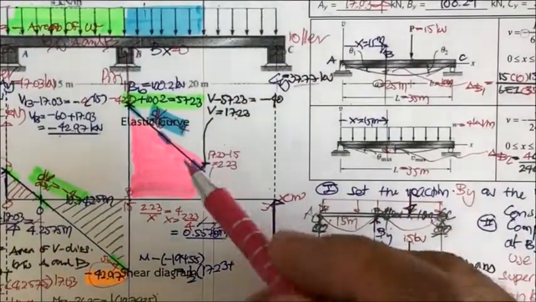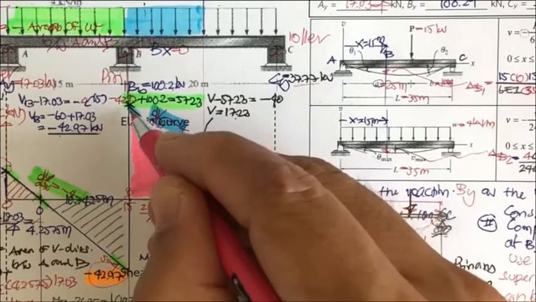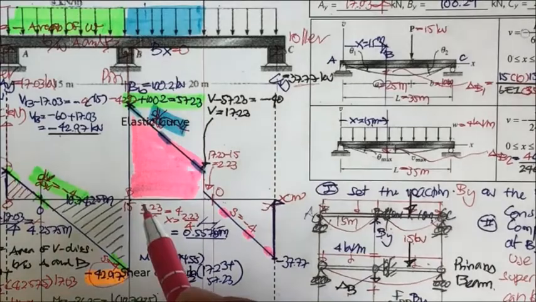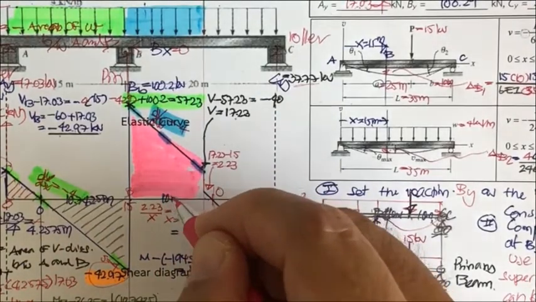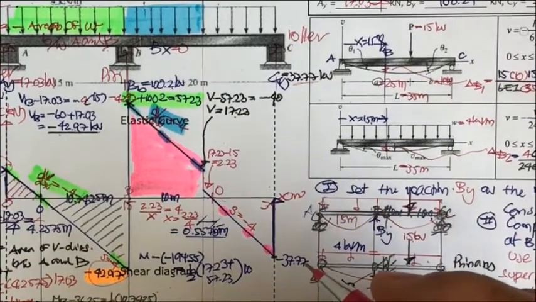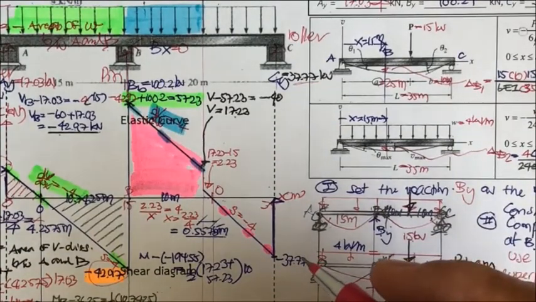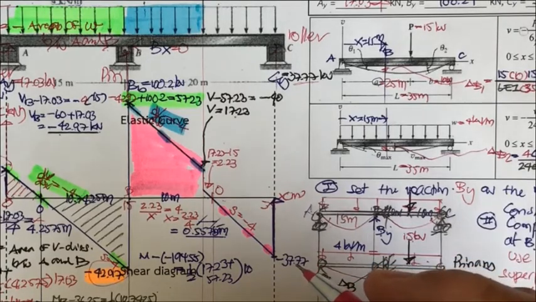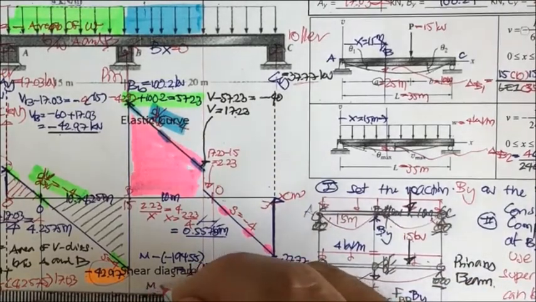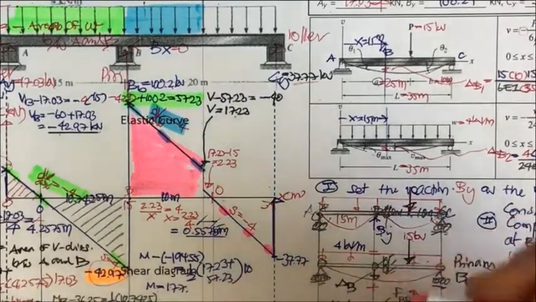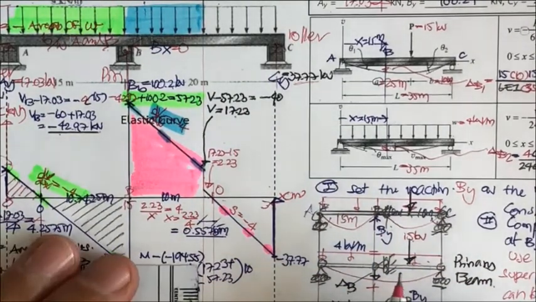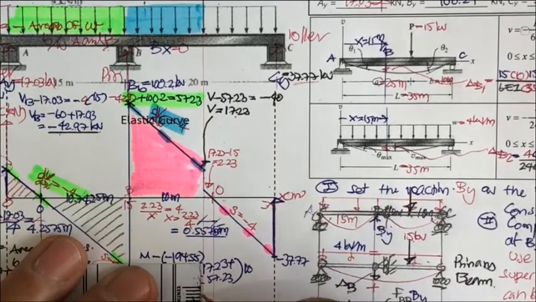This is going to be this area 57.23. Okay, and over here it's going to be 10 meter, right? So times 10. You put this, you may get the moment of 177.75. Okay, that is around 18 millimeter.